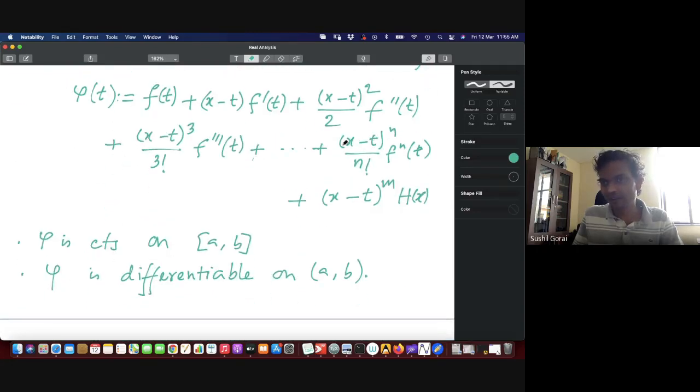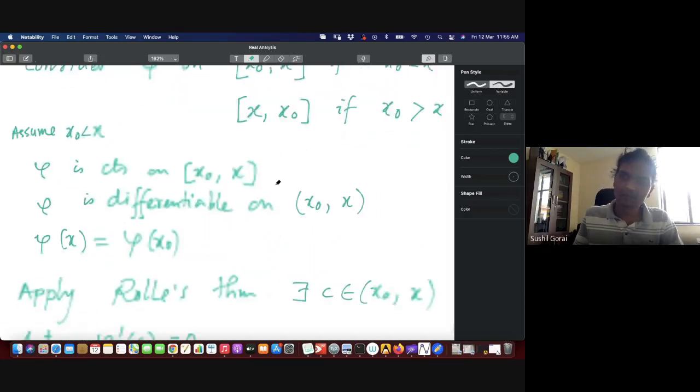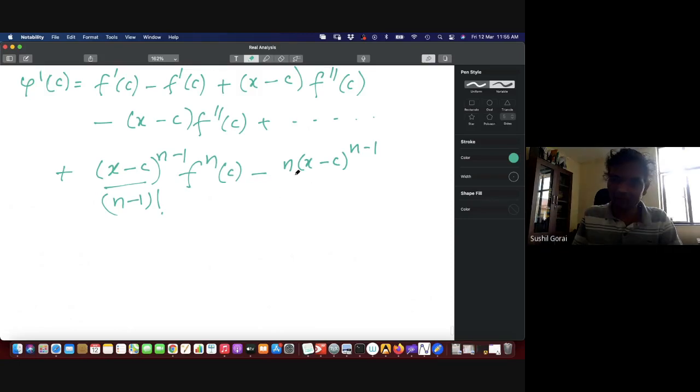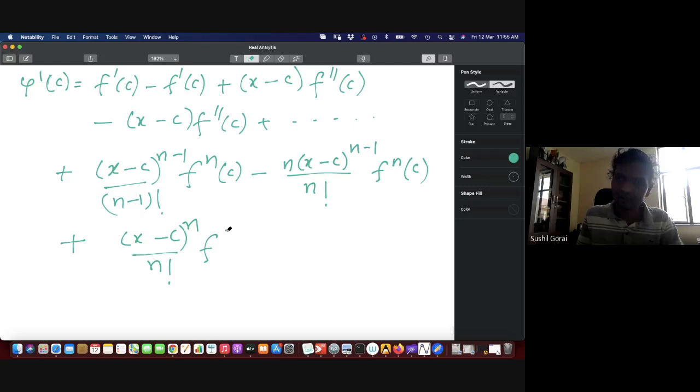So here n times (x minus t) to the power n minus 1, which means n times (x minus c) to the power n minus 1, and there will be a minus sign because of this minus t. There will be factorial n here, f n c, plus (x minus c) power n by factorial n f n plus 1 c.